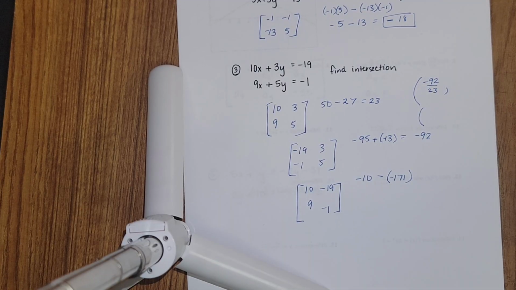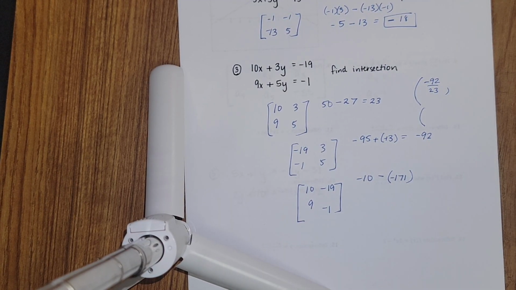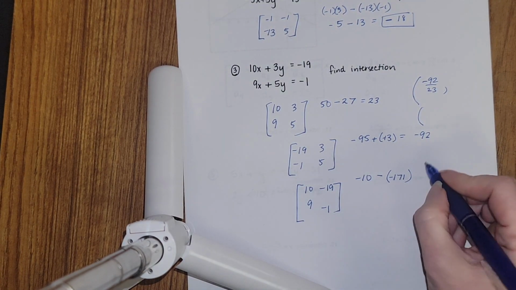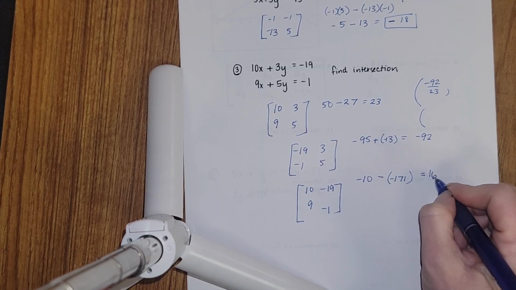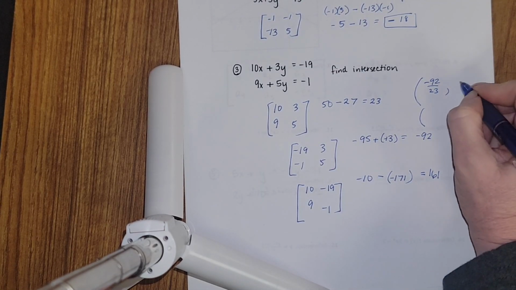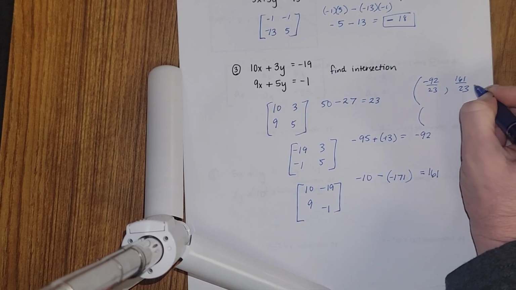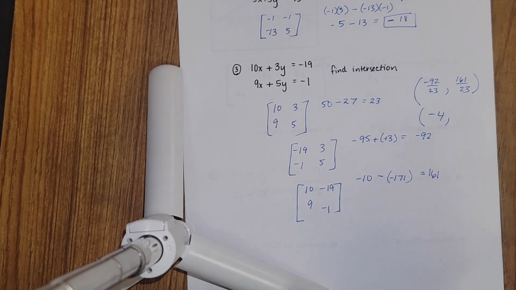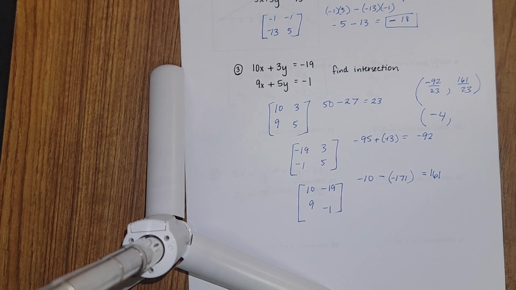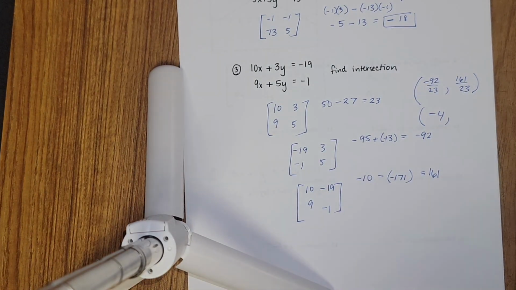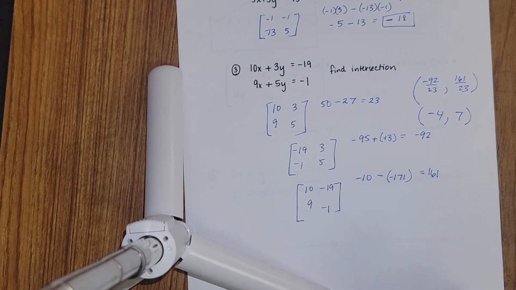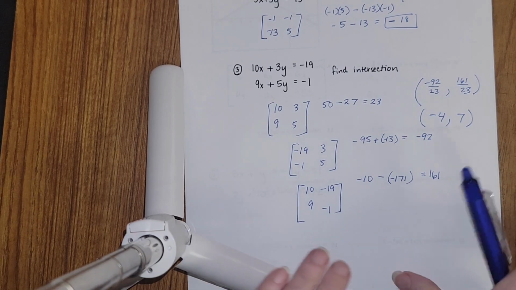So -10 minus -171 is 161, and that'd be 161 divided by 23. So this is -4, and 161 divided by 23 is 7. So your intersection is -4, 7.